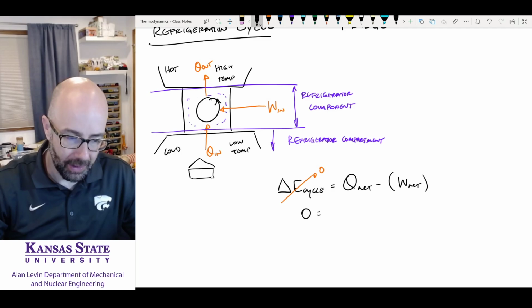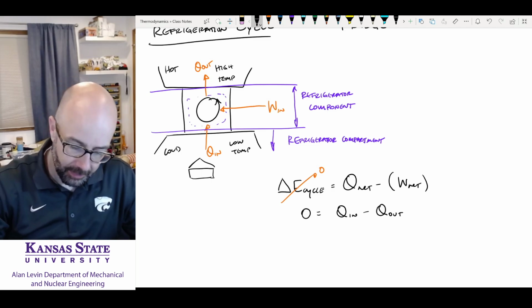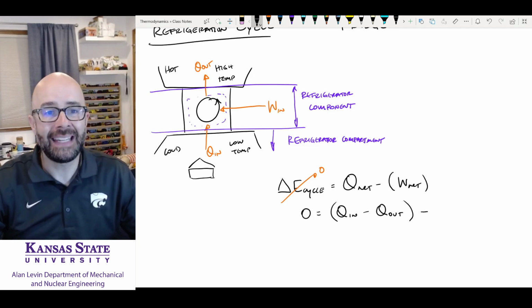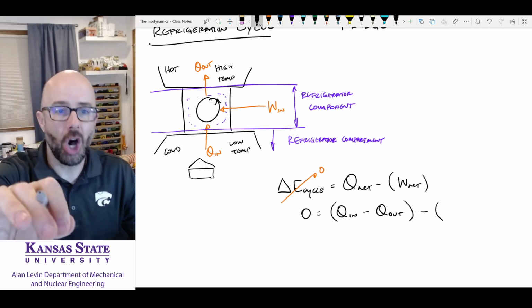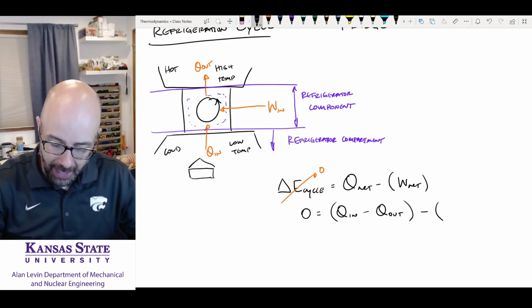Well, we're going to have here Q in minus Q out, just like normal. And then we're going to have minus our work net. Well, now our work net is actually coming in to our system. The surroundings are acting on the system. And so we're going to have minus work net.